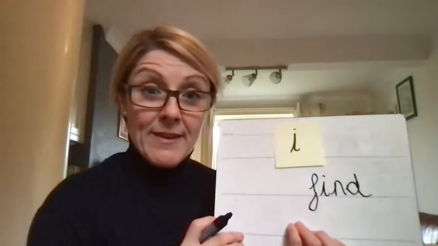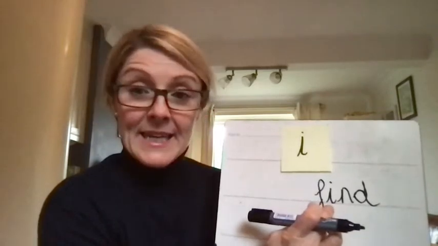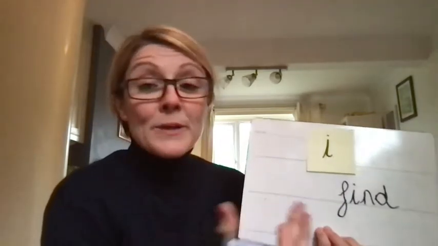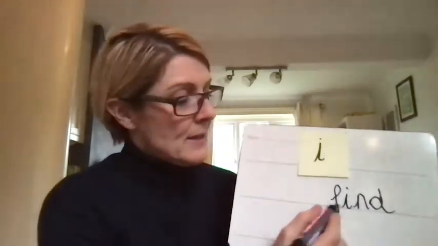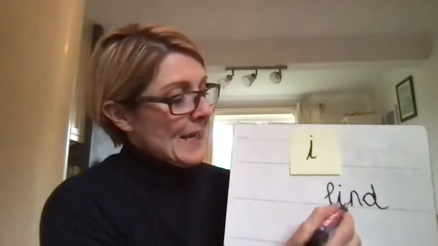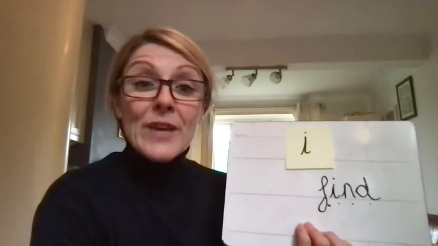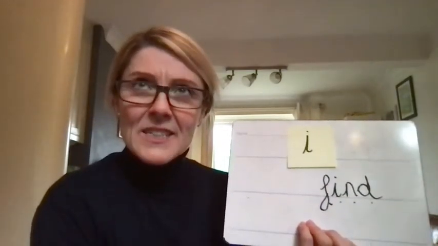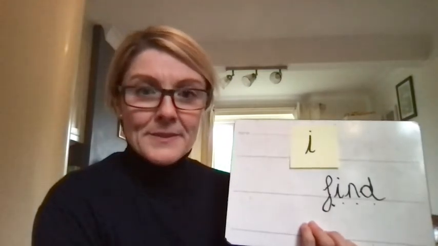Let's try another one. So again, if we see this word and we see this letter i, we already know it's an i because we're really good with phonics. But if I sounded it out, i-nd, find, that doesn't make any sense, does it?